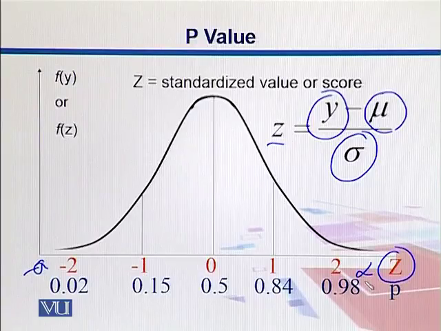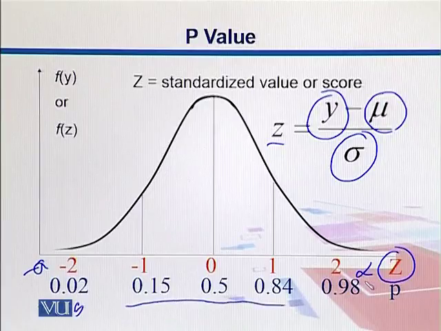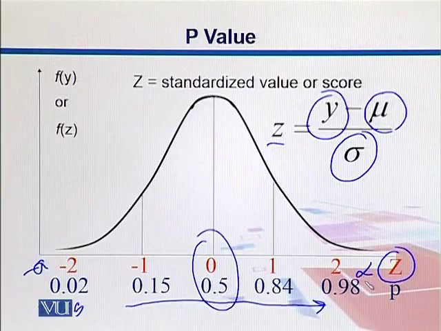The values under these curves have some probabilities associated with them. The probability of finding values over here is small, and it keeps on increasing as we move towards this side. The probability of finding any number up to here is 50%, or 0.5, and over here up to that point is 1. So probabilities range from 0 to 1.